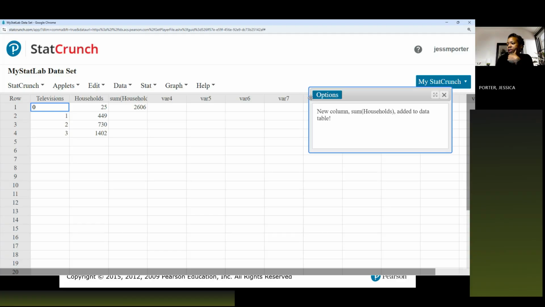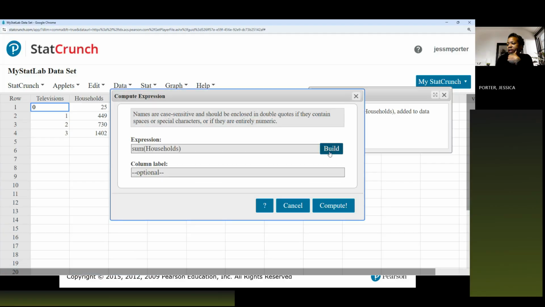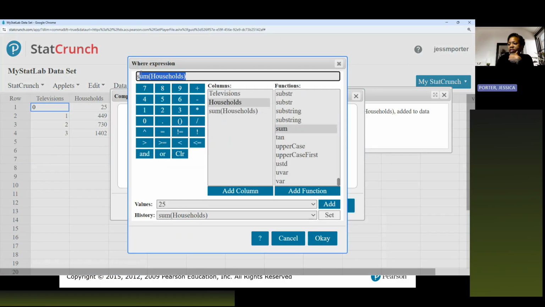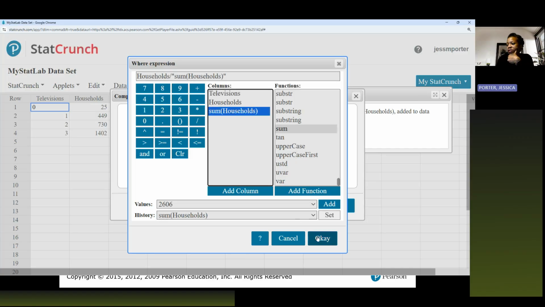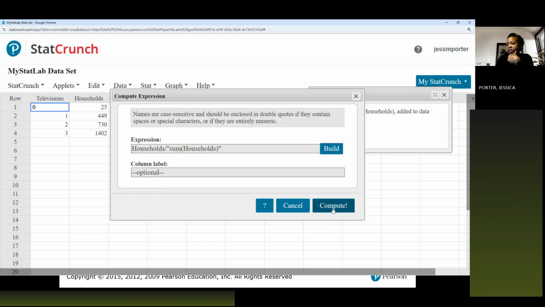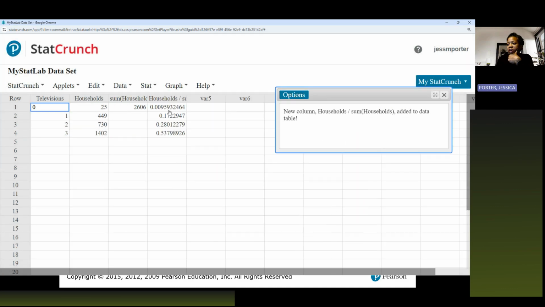So what I can do, I can go back and build. I wonder if I can just go back into build from here. What I want to do is take households and divide that, division symbol, by the sum of households and compute. So here are my probabilities.